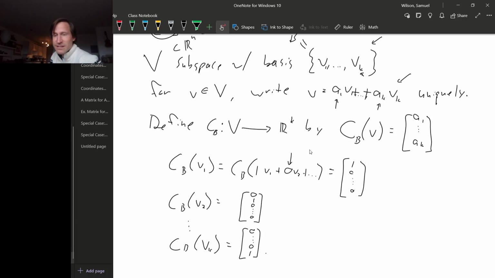So this linear transformation, C, the coordinate transformation, is going to be our way of attaching numbers to vectors in a subspace when maybe we don't know that much about the subspace, or it's somehow inconvenient to deal with the vectors in the subspace directly. So instead of dealing with these vectors directly, we can deal with their coordinates.